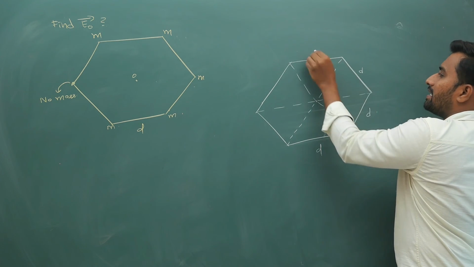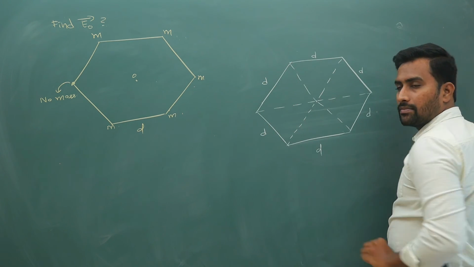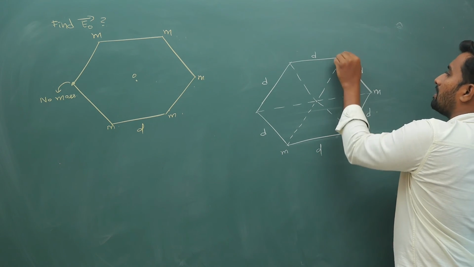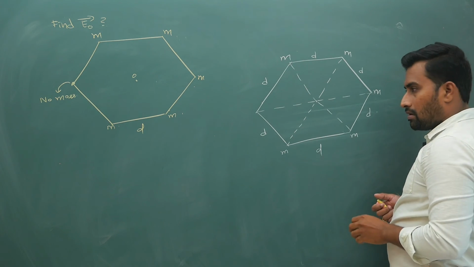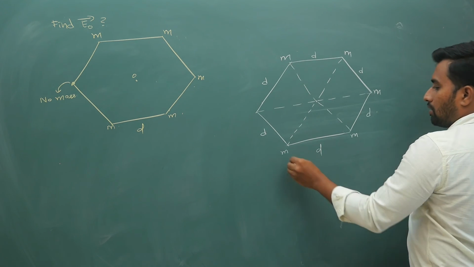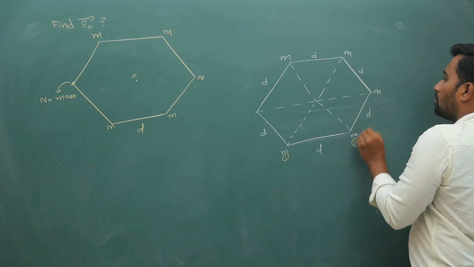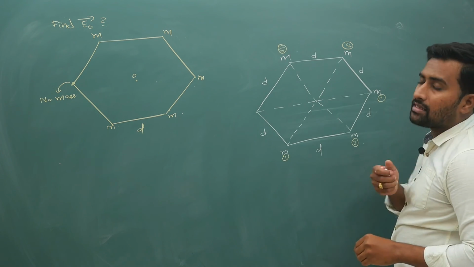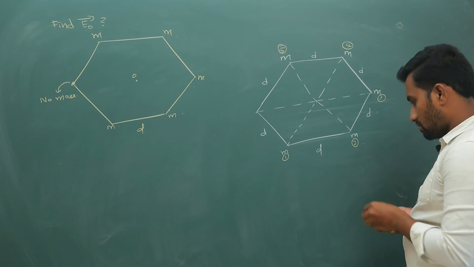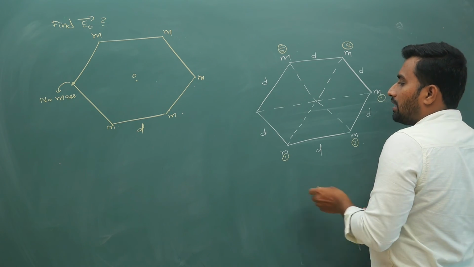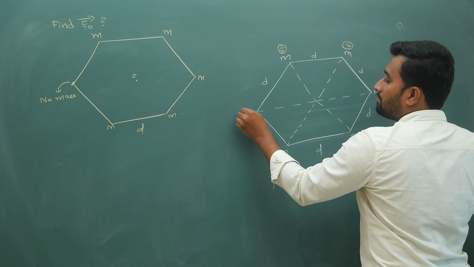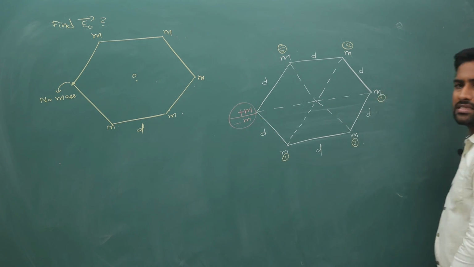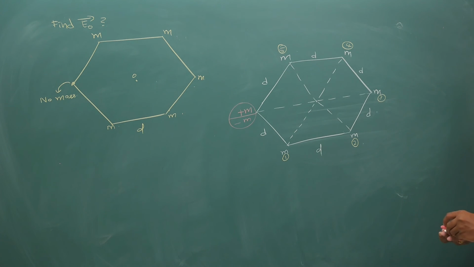So D, D, D, D, D, D, all are equal. Alright. So if you take these as M, M, M, M, M, this is 1, 2, 3, 4, 5. Totally how many masses are there? There are 5 masses. Now at the sixth one, I will keep plus M and minus M. Okay, assuming that there is some negative mass, I will keep plus M and minus M.